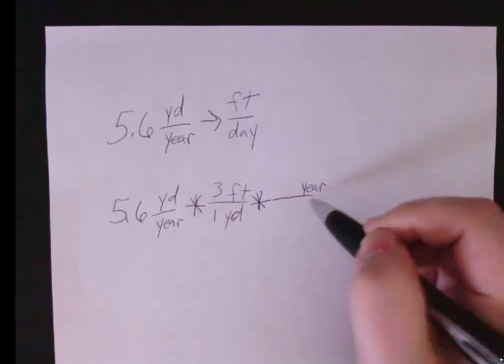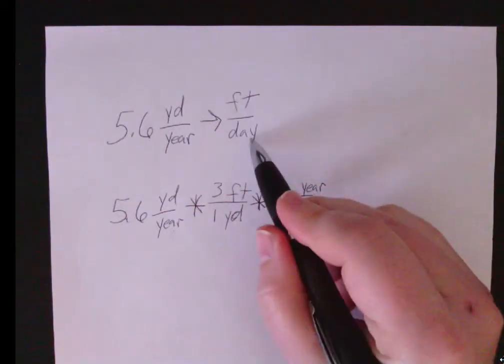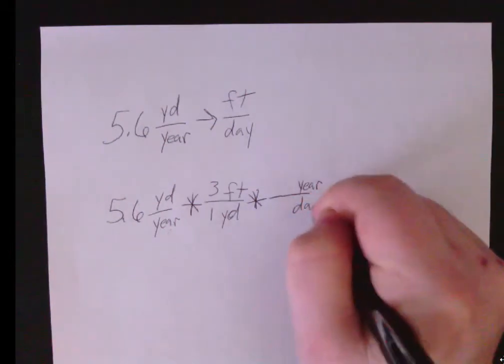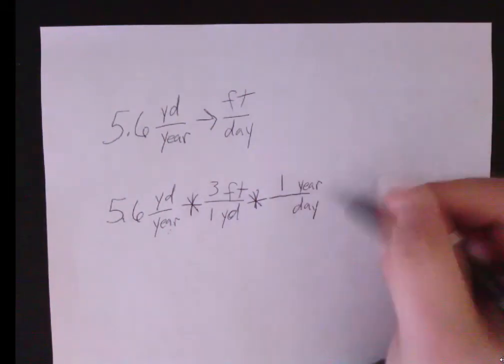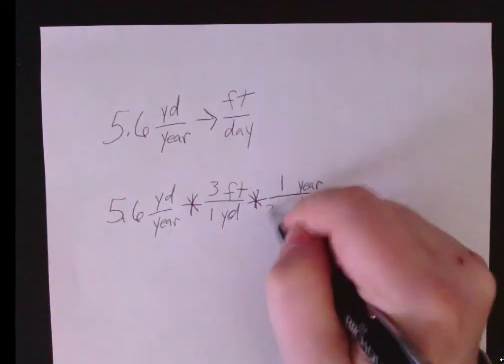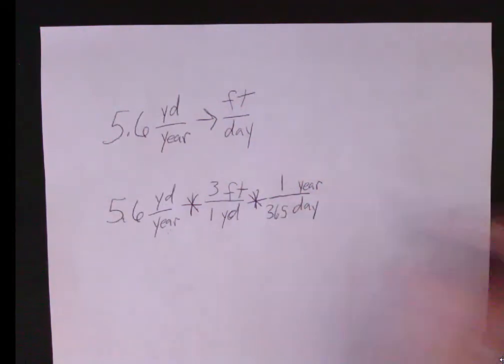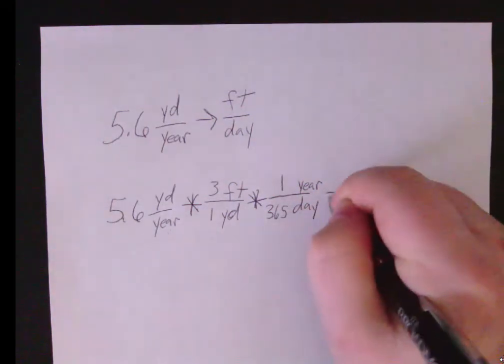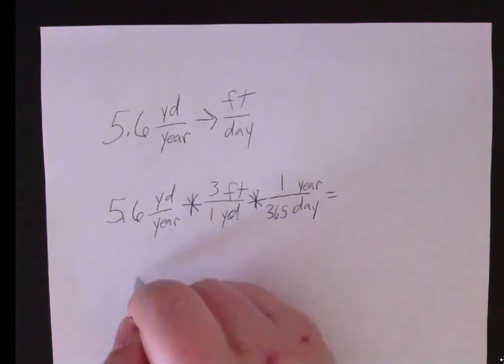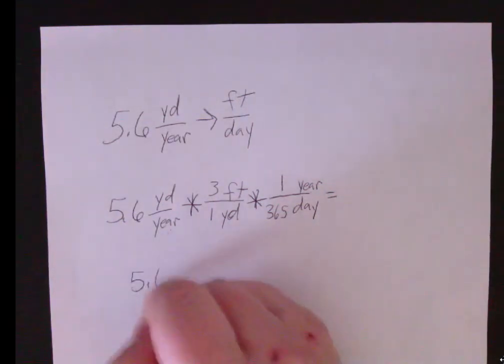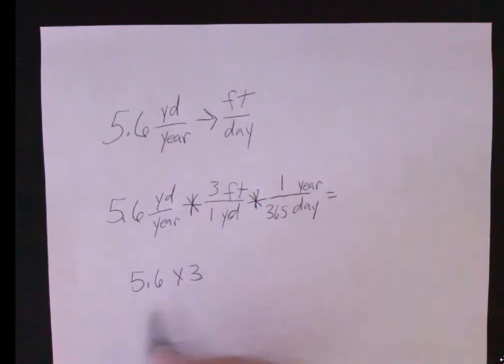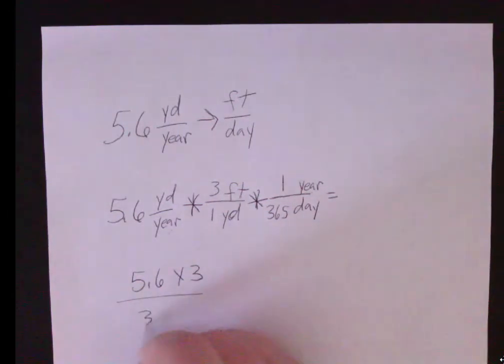And then what do we want to replace year with? Well, we want to replace it with days. And then how many days are in 1 year? That's 365. So now we just have to do our math. So our math is going to look like 5.6 times 3 all over 365.